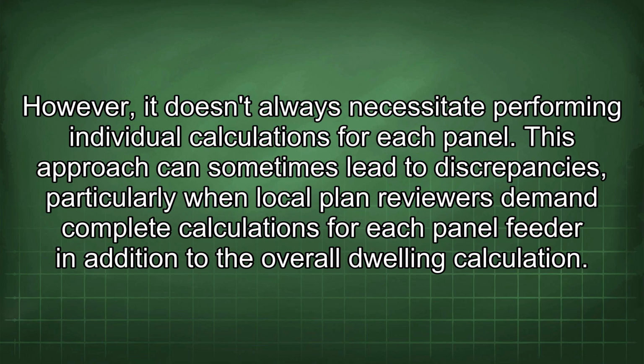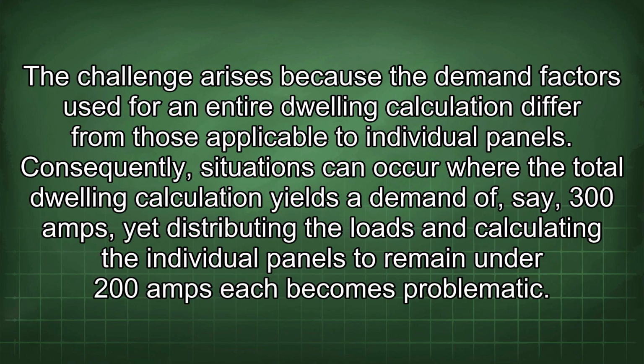This approach can sometimes lead to discrepancies, particularly when local plan reviewers demand complete calculations for each panel feeder in addition to the overall dwelling calculation. The challenge arises because the demand factors used for an entire dwelling calculation differ from those applicable to individual panels.